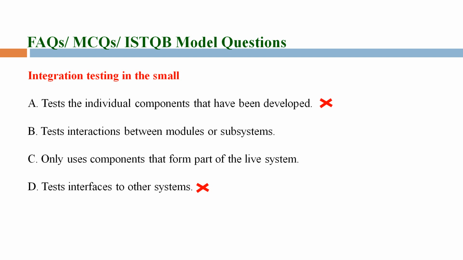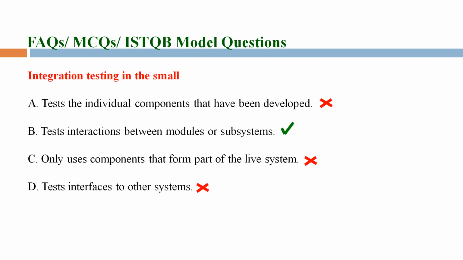This is a part of unit testing. Individual components, individual programs, individual elements will be tested during unit testing. This is not part of integration testing. And only uses components that form a part of the live system. No, because only components will not be used, right? Components will be integrated.